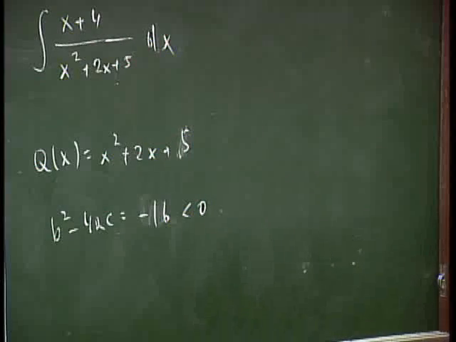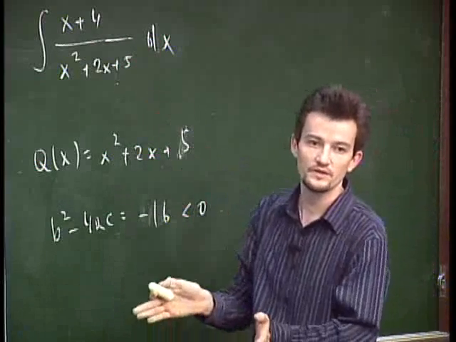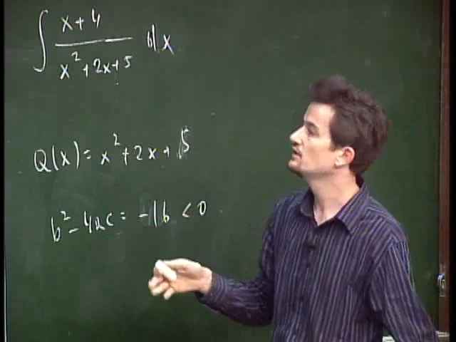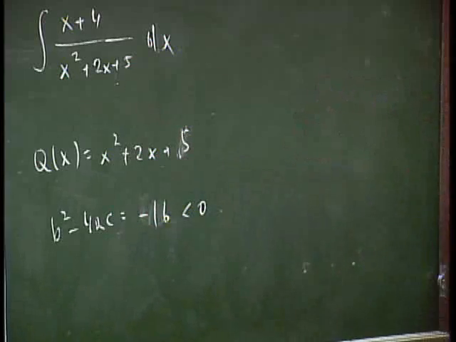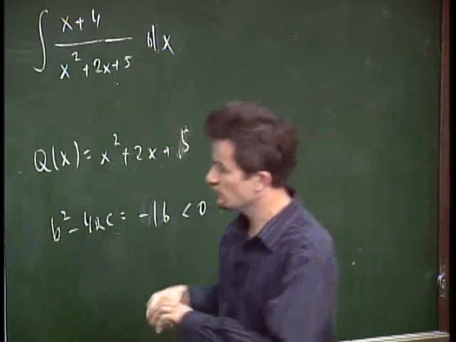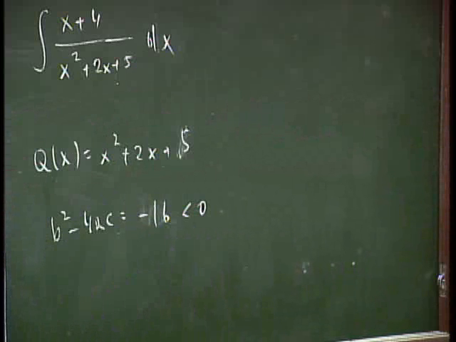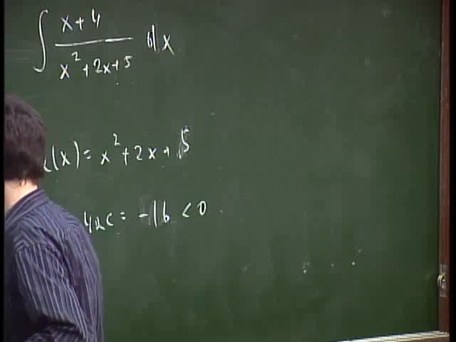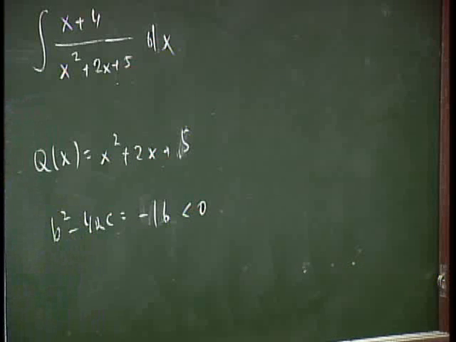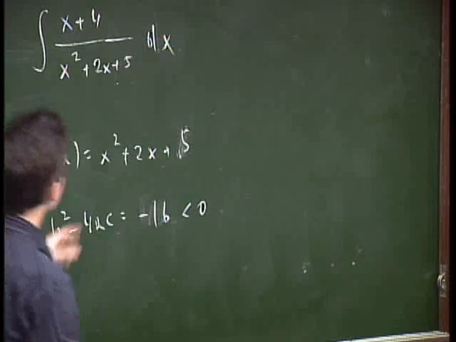Which means this corresponds to one term in the partial fraction expansion, and we have to integrate it directly. But of course, such a term can always be handled similarly to this situation, as I have just explained. The only thing you have to do is first complete the square.